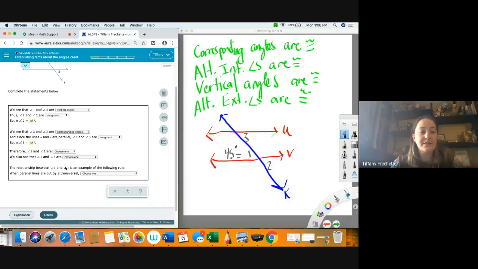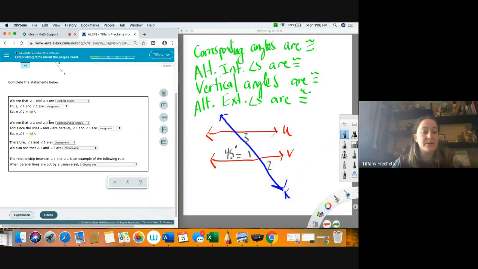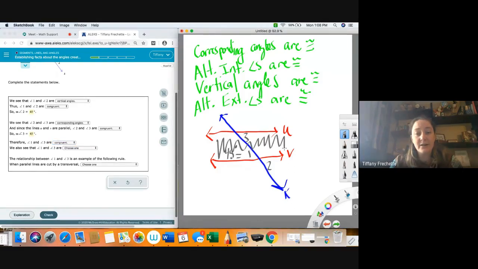So if 1 is equal to 2 and 2 is equal to 3, we can do that transitive property again, get rid of the 2's, and I can say 1 and 3 must also be congruent. And 1 and 3, we haven't practiced this one yet. Remember, this is interior. So we know we're going to have some kind of interior reason for this.